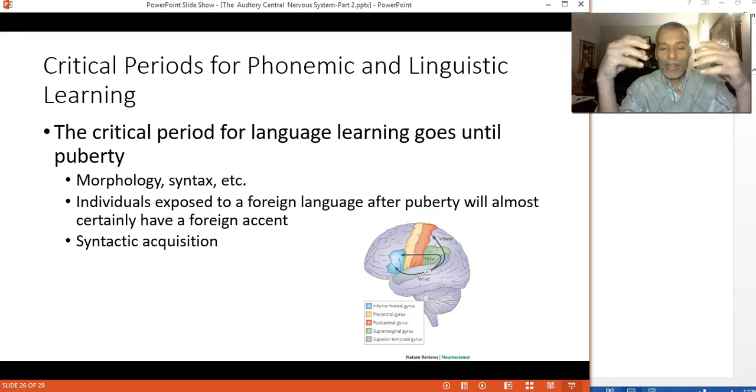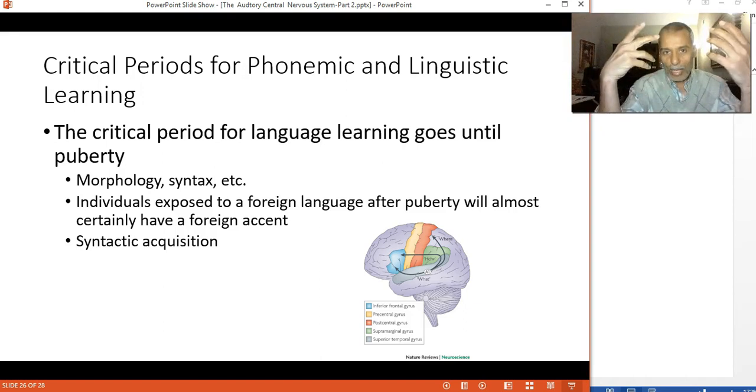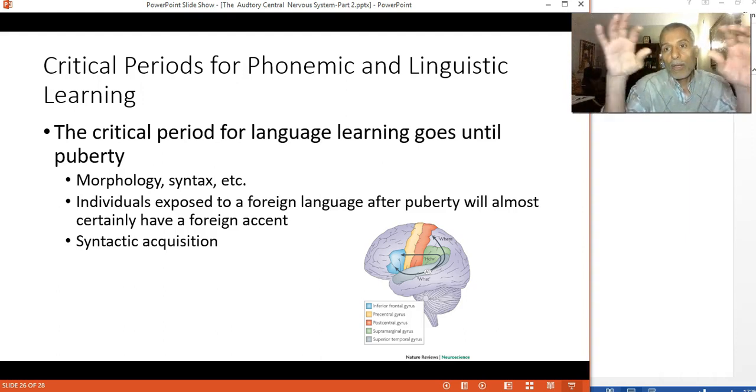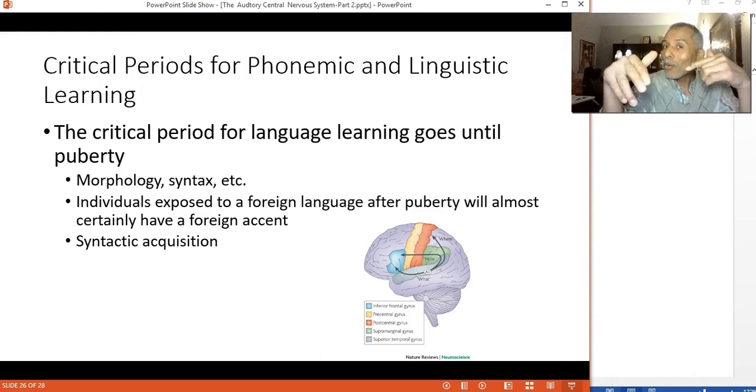So that pattern, every time you fire it, you cause the pathways to fire. They will remember that pattern and associate it with these particular sounds and this particular sequence of the string of words. And now you have a syntactic rule stored in the brain. But the child is not born with it.